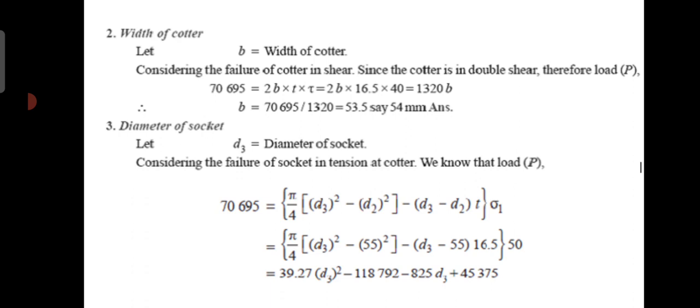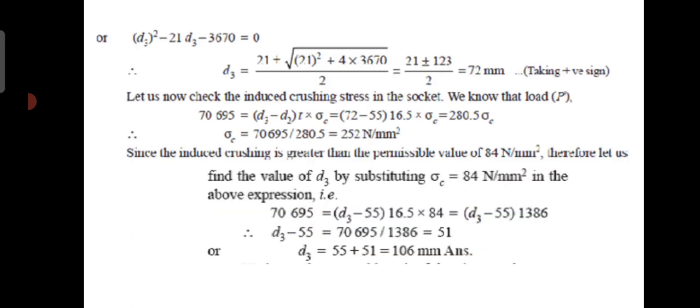After substituting all values, we can get D3 equal to 72 millimeter.